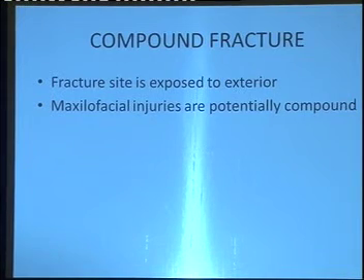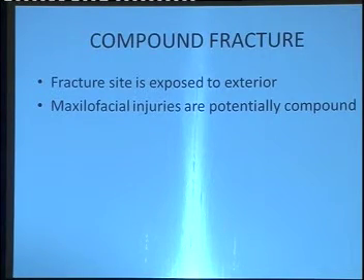First of all, you should know what is a compound fracture. I think everybody knows. Okay? But what do you mean by potentially compound? Anybody can tell? Why is it called potentially compound?